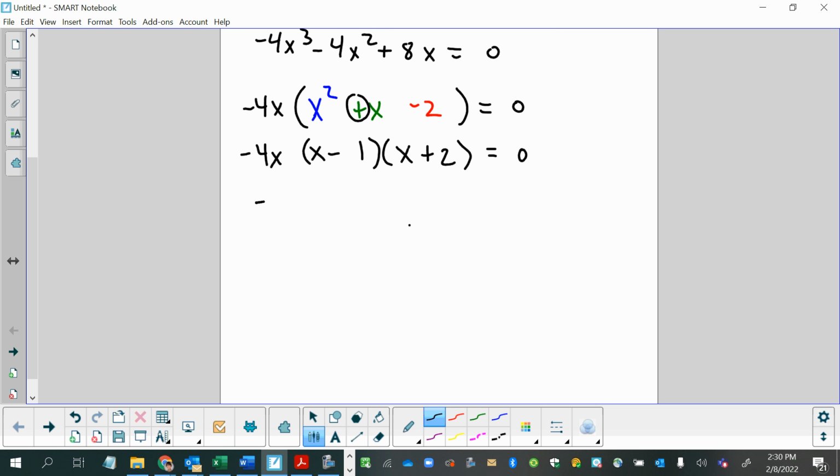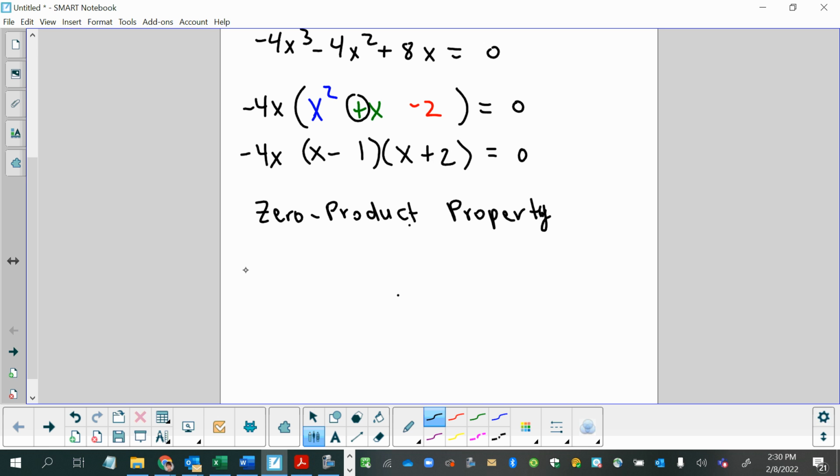Now we're going to use the zero product property, which is just a fact, something that's true, and it helps us know what to do next. What we know is true is that whenever you multiply some factors together, if you get a product, a result of 0, then at least one of the factors must be 0.